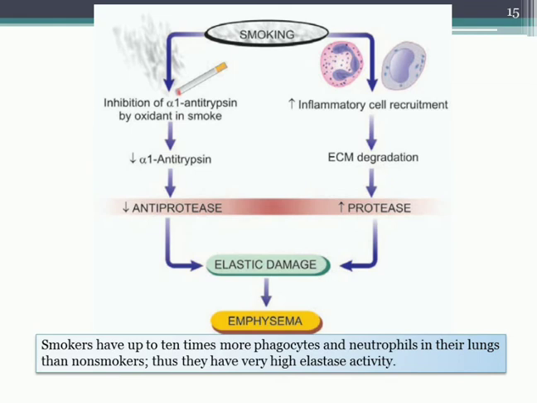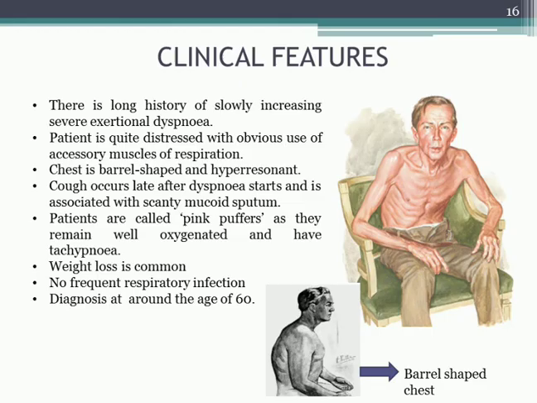Smokers have up to 10 times more phagocytes and neutrophils in their lungs than non-smokers, so they have very high elastase activity. The clinical feature of emphysema is, as in the figure, the pink puffer. The patients are called pink puffers because they remain well oxygenated, but they have tachypnea also.